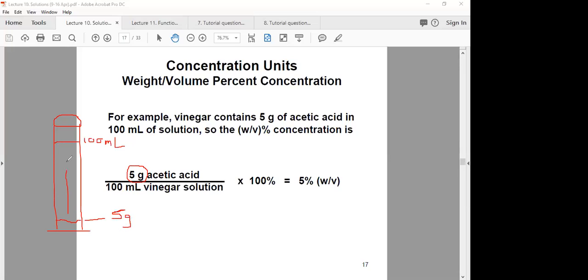Top that up to the mark, and there we have our 5% solution. So remember, keep that in mind, this is our total volume, including the 5 grams. If we actually weighed out that 5 grams and then added 100 mL of water to it, obviously that is not a 5% solution. That would not be correct.